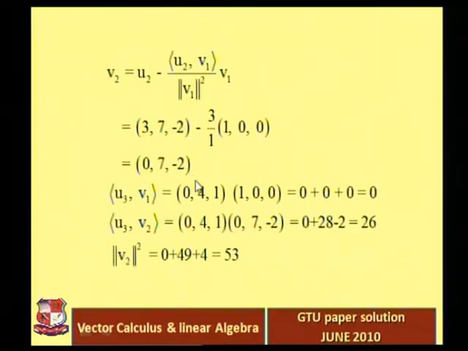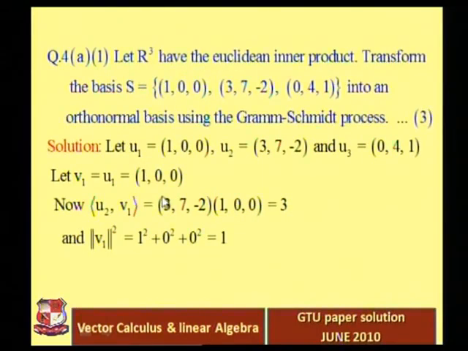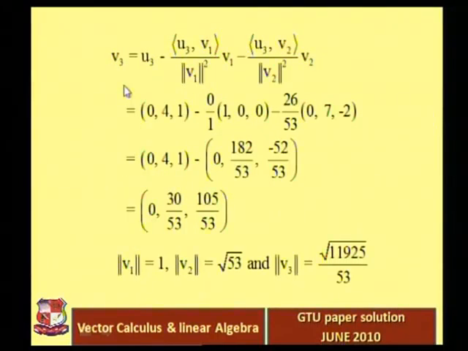So U3 is (0, 4, 1) minus inner product U3V1, that is 0, over norm V1 square 1, into V1, that is (1, 0, 0), minus inner product U3V2, that is 26, upon norm V2 square, that is 53, into (0, 7, -2).